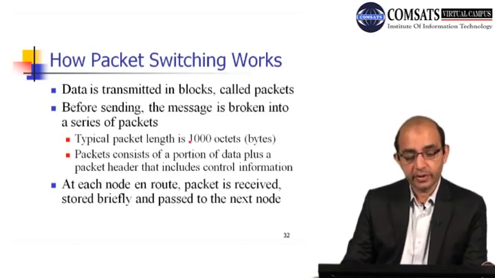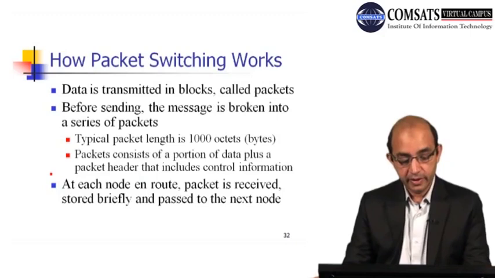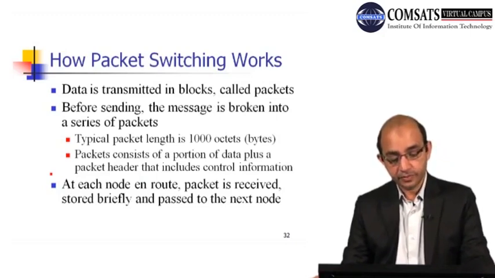Before sending, the actual message is broken into a series of packets, right? A typical packet length is 1000 octets, or bytes. A packet consists of a portion of data plus a header in order to carry the control information within that packet. At each node, the packet is received, stored briefly, and passed to the next node, right?